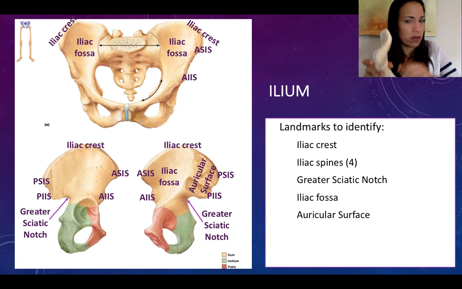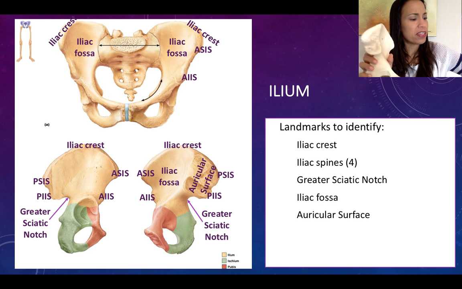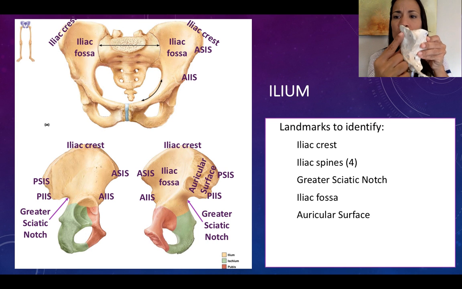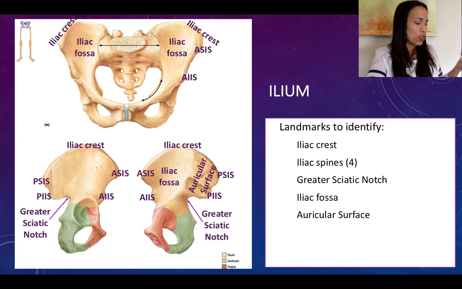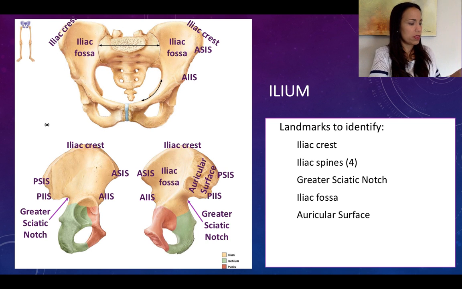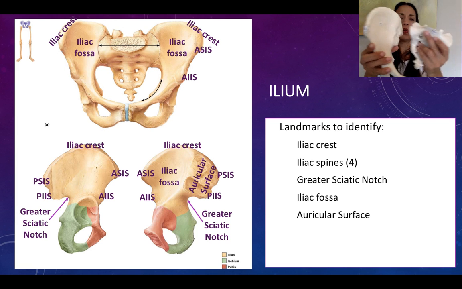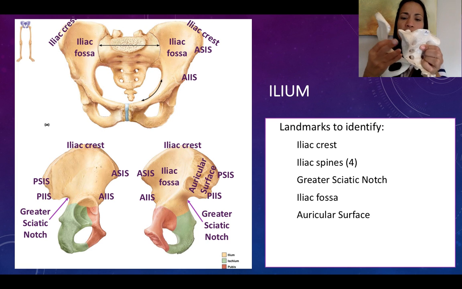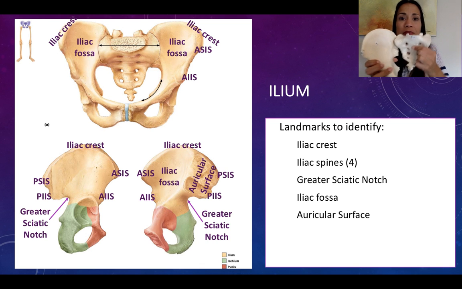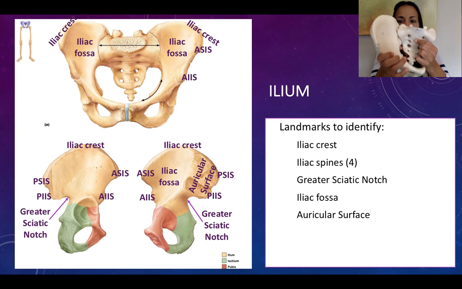What is going on here in the auricular surface? Do you remember that we have also an auricular surface on the sacrum? So both bones, the auricular surface of the sacrum and the auricular surface of the ilium, articulate to form the sacroiliac joint.